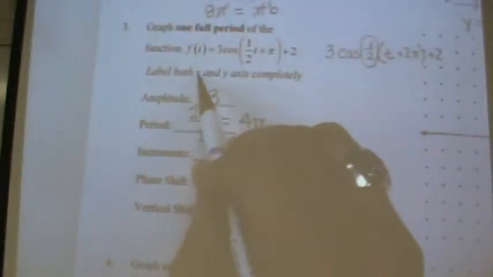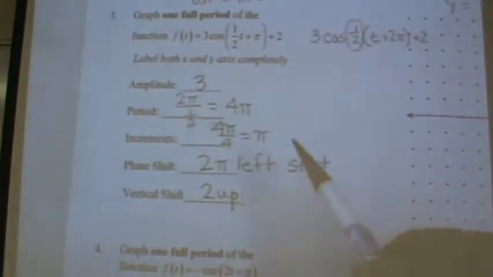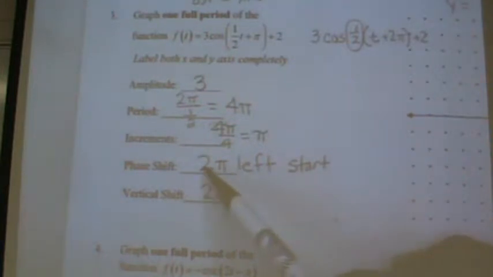So what you needed to do here, whoops, you need to label both x and y axis completely. So you're starting at 2 pi to the left, which is negative 2 pi. And you're counting by pi.